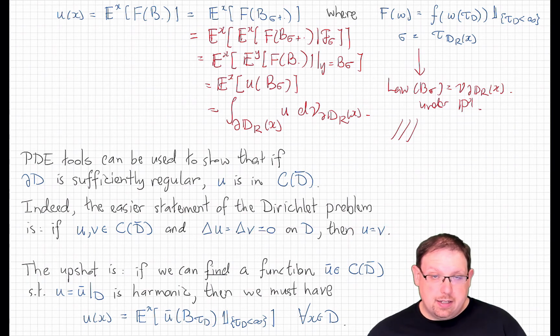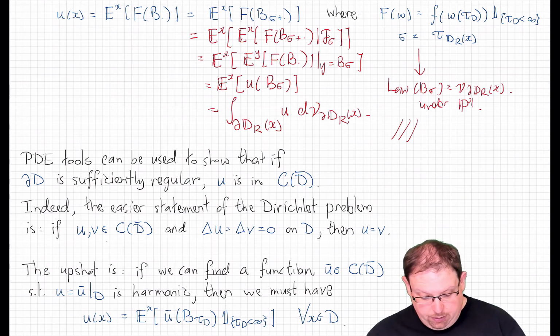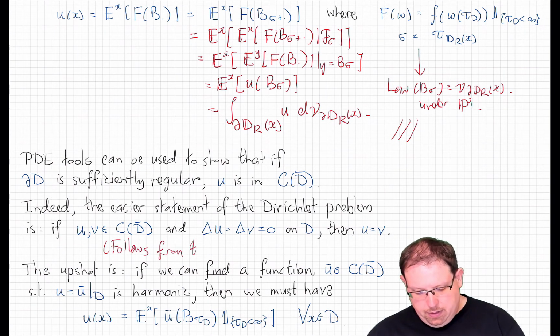There's a unique continuous extension of a harmonic function to the boundary, if there is one at all. And that result is an easy application of the maximum principle, which is a core theorem from harmonic analysis that I recommend you read up on.